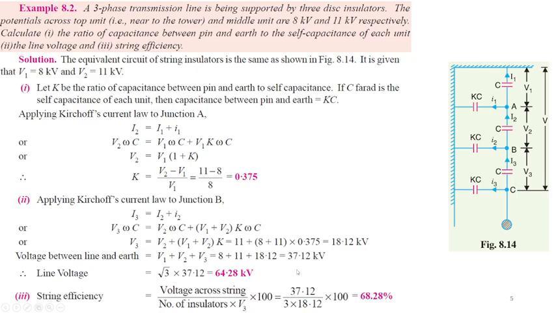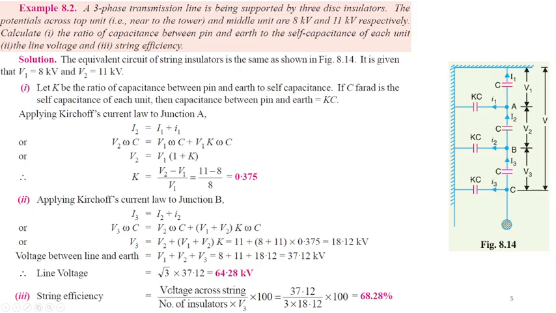We have other equations like this. So we know K, we know V1 and V2, so we can find V3, and then substitute in this equation. We can finally find the voltage between line and earth. And the line voltage in a three-phase system is equal to square root 3 times this voltage.